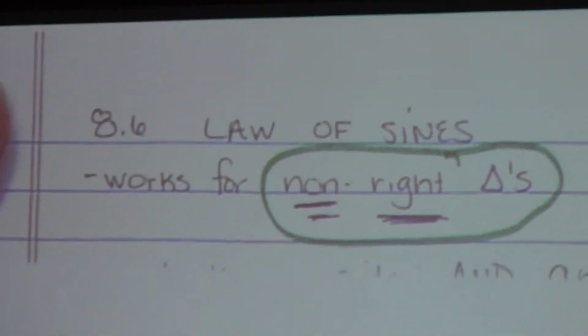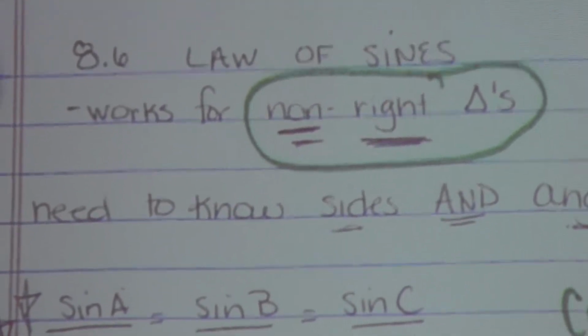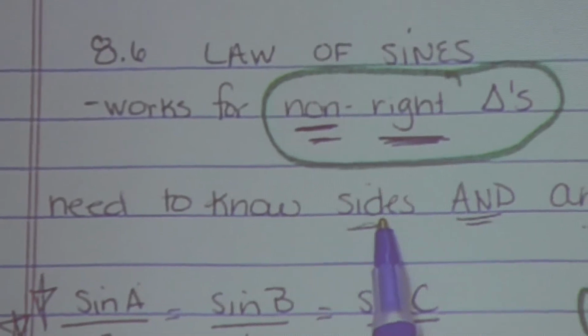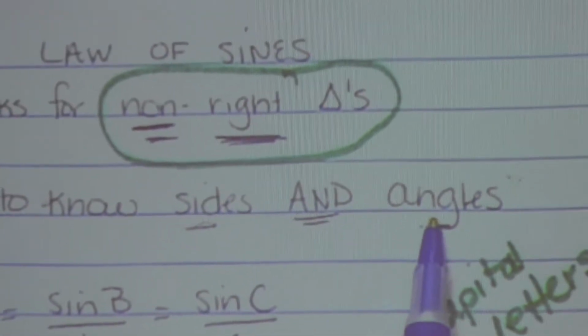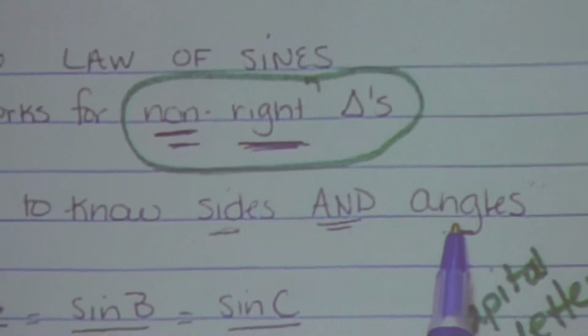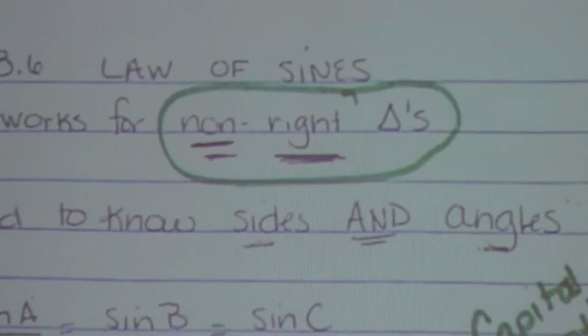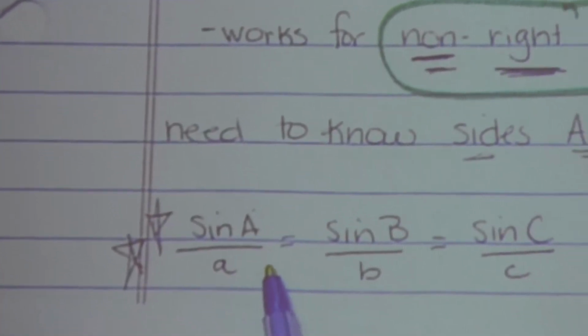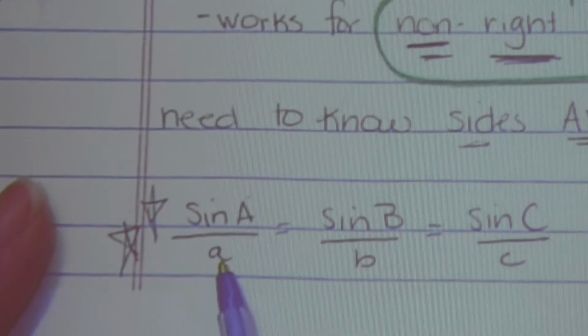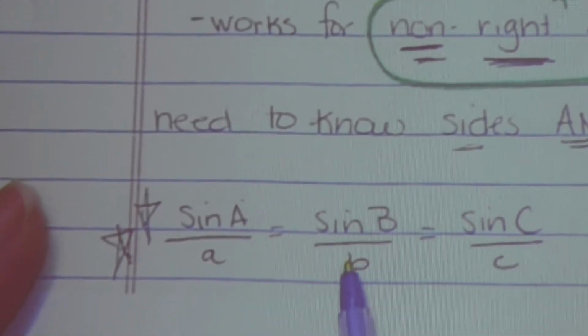What the law of sines essentially says is if we know a side and the angle that's across from it, so we need to know some sides and some angles, then we can set up an equation where we relate two parts to two other parts.